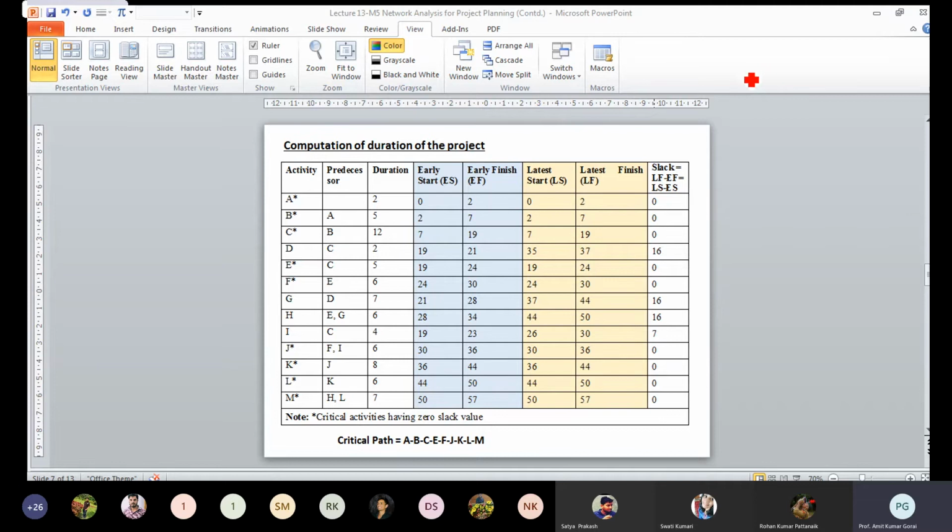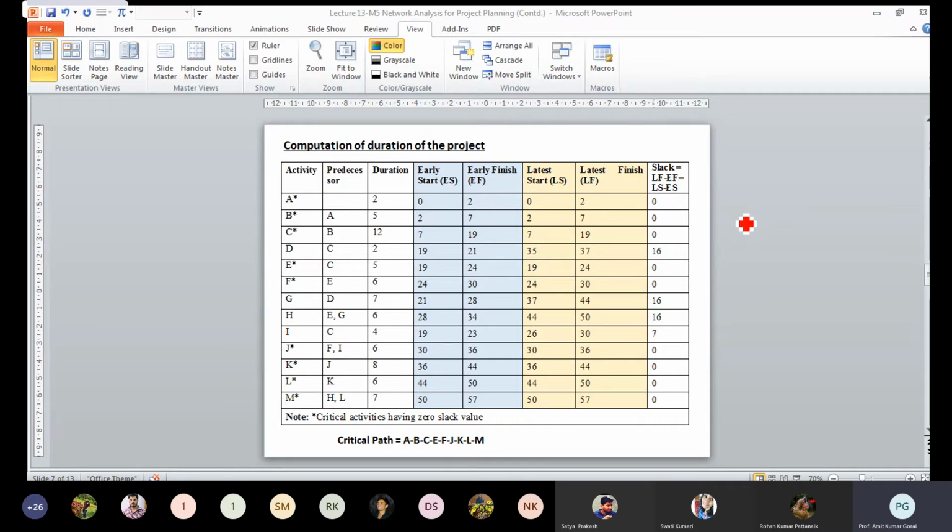We have to determine the slack value, which is the late finish minus early finish, or late start minus early start. Both values will be the same, so you can use either one. So 2 minus 2 is 0, 7 minus 7 is 0, 19 minus 19 is 0, and 37 minus 21 is 16.